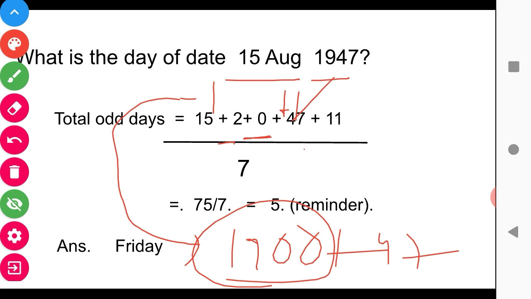This minus 1 is subtracted from the odd days of the total up to 1900. So this is the logic in the year codes. In this way, we are getting the year codes.